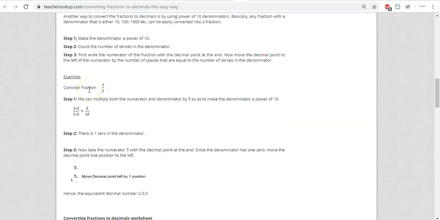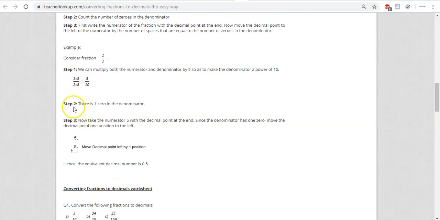Let's see one example. Consider 1 over 2. We can multiply both the numerator and denominator by 5 to make the denominator a power of 10. So if we multiply the numerator by 5 and the denominator by 5, it's 5 over 10. Step 2. There is 1 zero in the denominator.